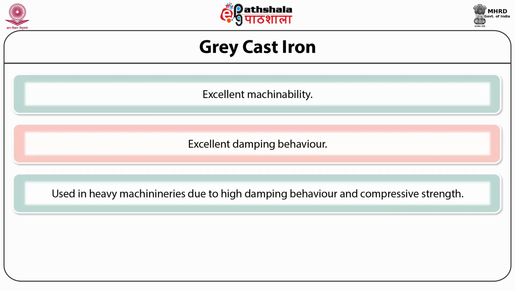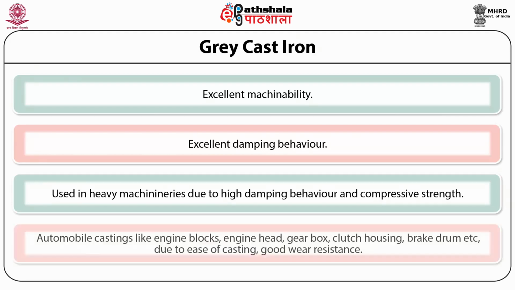Number 2, it is used for making automobile castings like engine blocks, engine heads, gearbox, clutch housing, brake drum, etc., due to the ease of casting, no shrinkage related cavity formation, good wear resistance, etc.